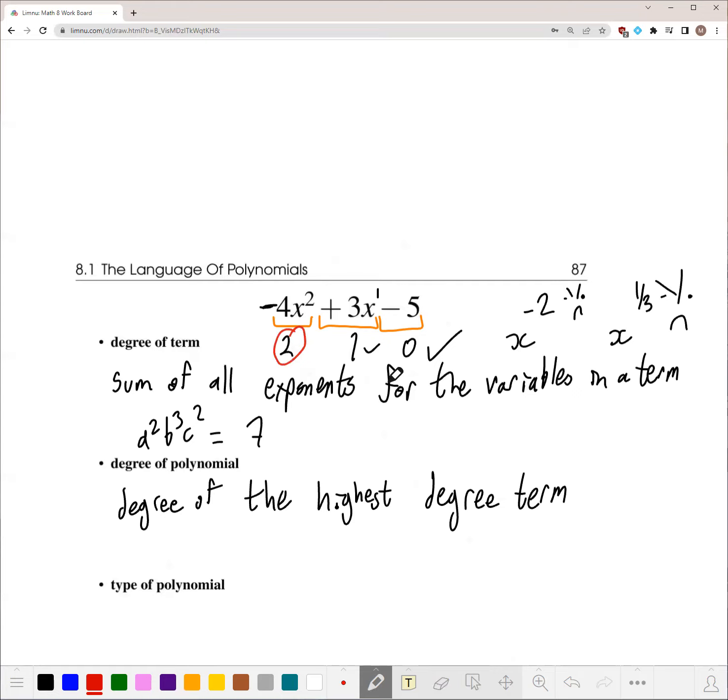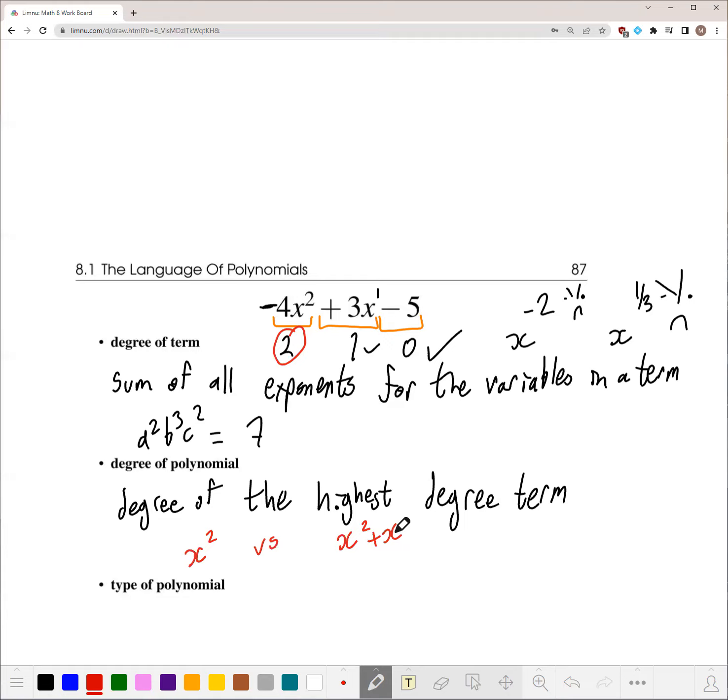So 4x squared plus 3x minus 5 is a degree 2 polynomial. And you might be thinking, well, hold on, what if I had x squared versus x squared plus x? One of them has 3 x's written there. So shouldn't it have a different degree than the one with just the x squared? And I say, that's a good question, but no, it has the same degree.